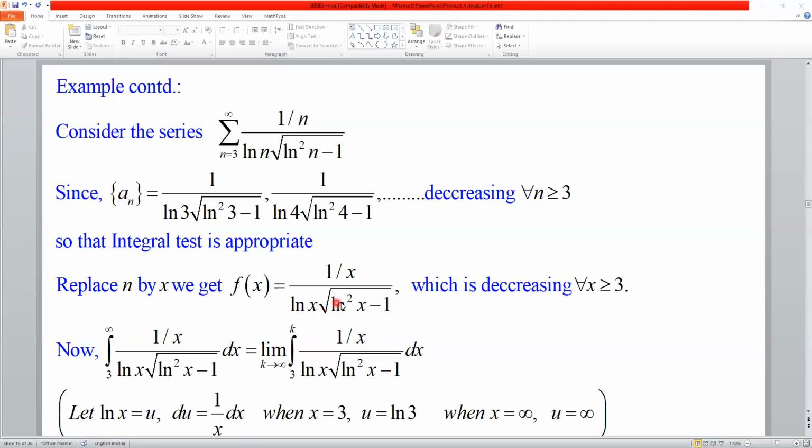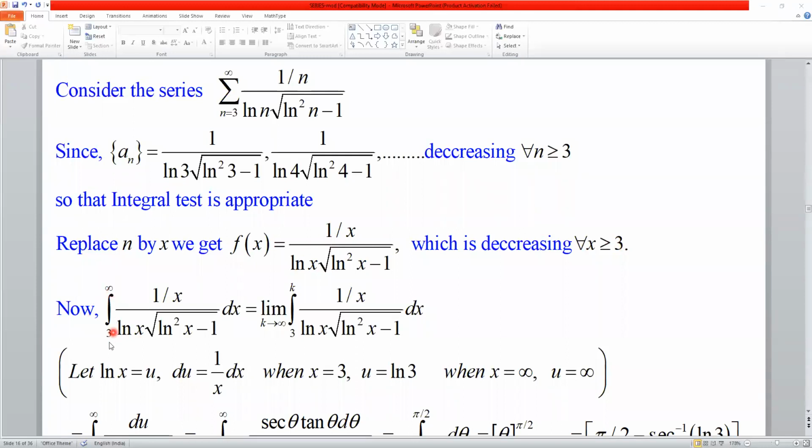So this function is bounded for all x greater than or equal to 3. That is the first point. The second point is that it is a continuous function, and moreover it is a decreasing function. Since the function is decreasing, we can apply the integral test.